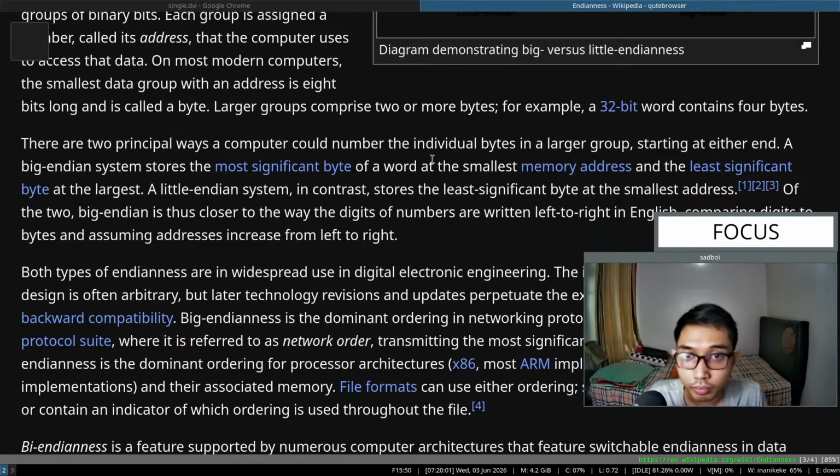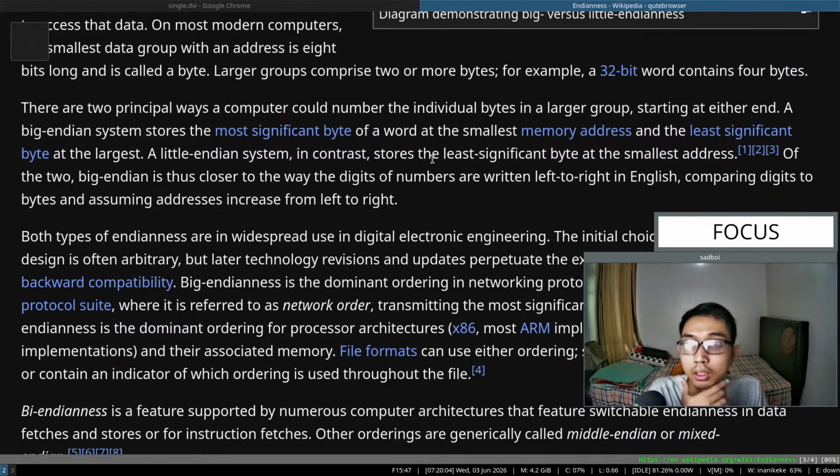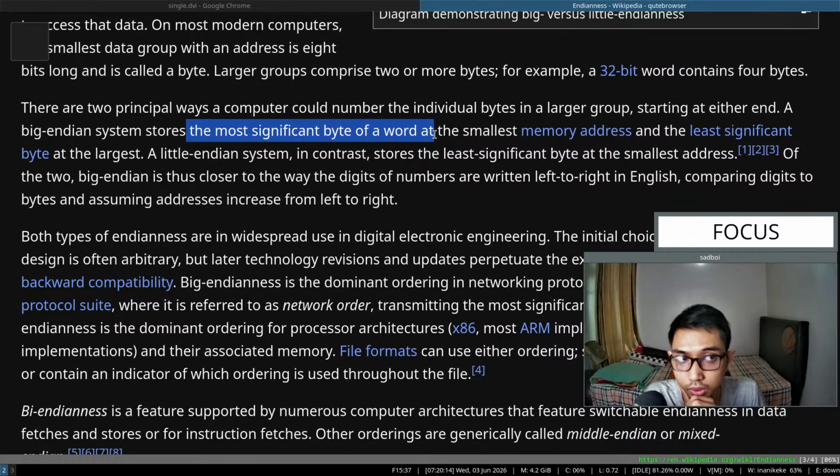Okay. The most significant byte of a word at the smallest memory address and the least significant byte at the largest.